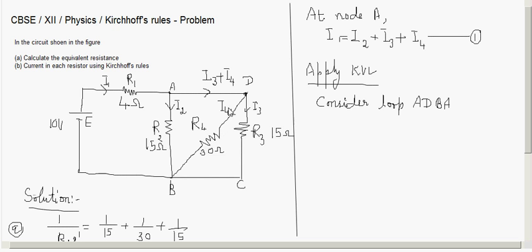We have I4 into 30, that is minus 30 I4, and when we come here we have 15 I2. According to sign convention it is plus 15 I2 equal to 0, or this can be simplified as I4 is 15 by 30 I2, or I4 is I2 by 2.